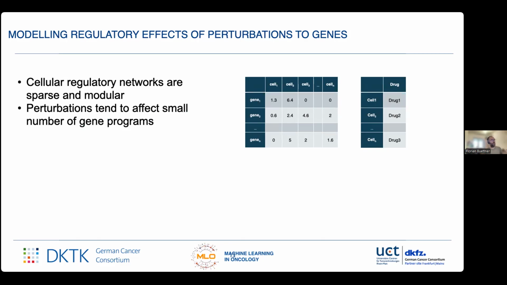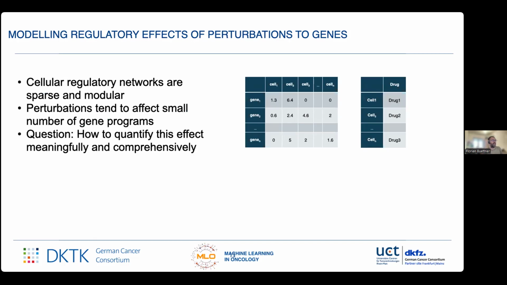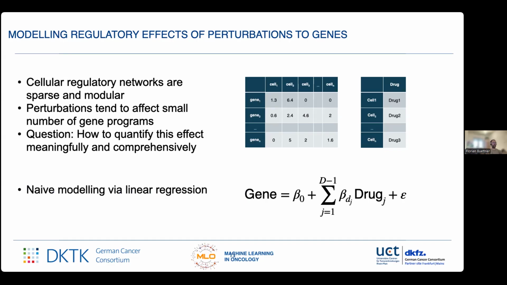If I perturb a cell, maybe with some CRISPR knockouts or by putting some drugs on the cell, then I can assume that these perturbations, these knockouts or drugs, will affect only a very small number of gene programs. Very often what I'd like to learn is how I can quantify this effect in a meaningful and comprehensive way. How can I learn which gene programs or pathways are affected by perturbations, and how can I generalize from that knowledge maybe even?